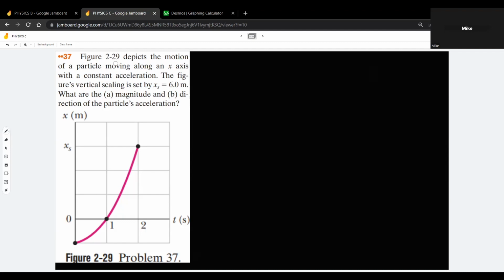And then, T equals... The figure scaling, 6 seconds. Okay. 6 meters.